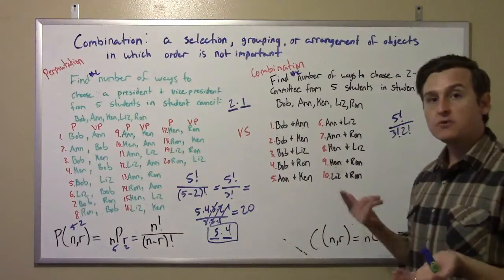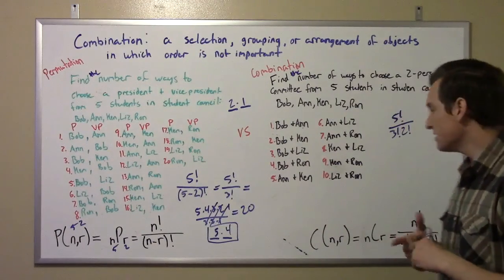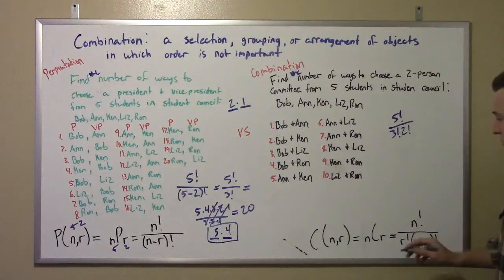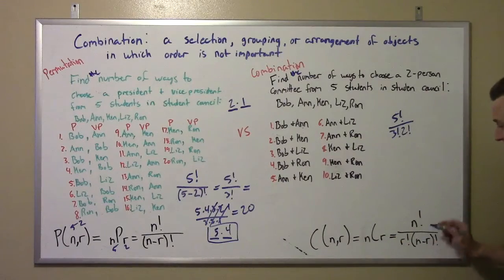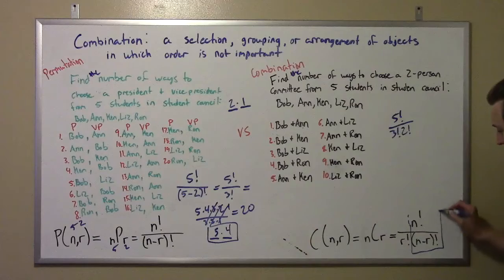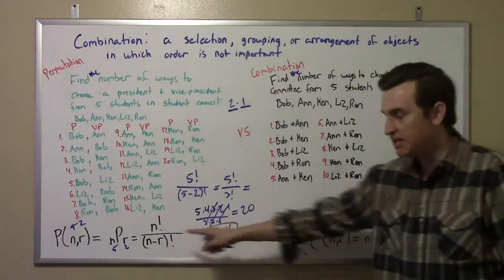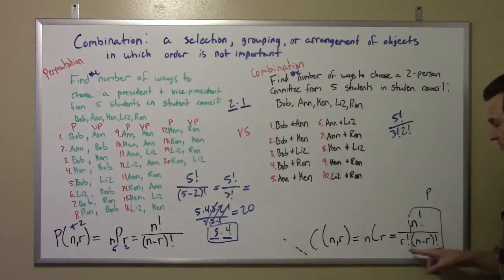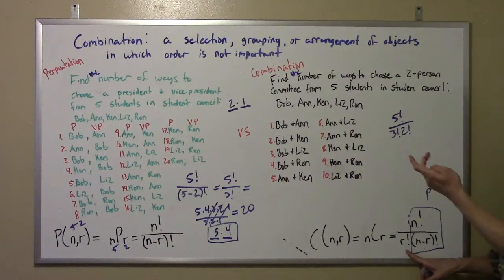There would be 3 factorial ways. So notice that this part of the formula is just permutations. It's the same as the permutation formula. The extra piece is that you have to divide out the duplicates, because we don't want them.